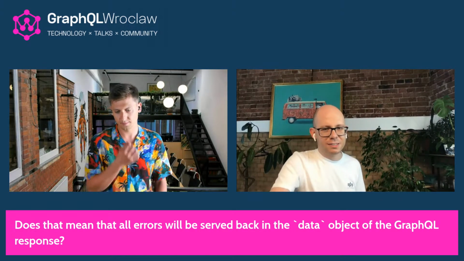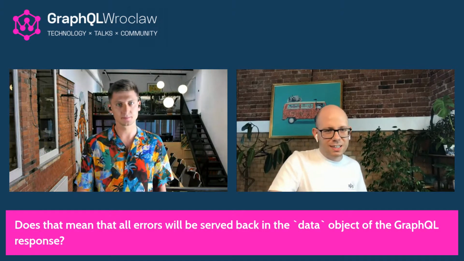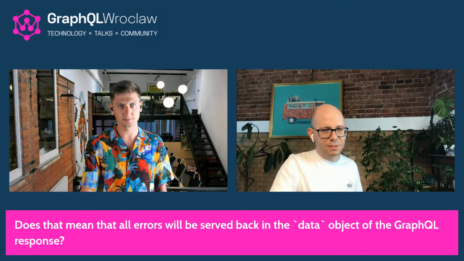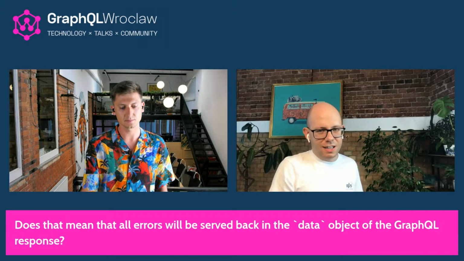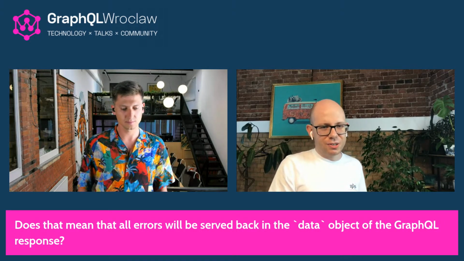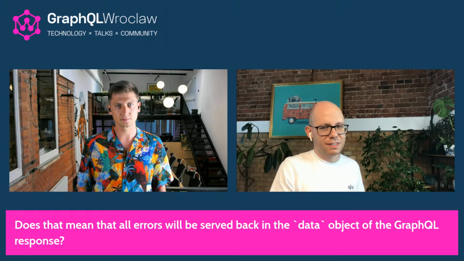We're actually using the mixed approach on one of the projects where data payload is something that we are intending to display to the user in the UI, but we are still using the errors key to communicate, for example, expired authentication tokens, and this is handled by the client part of the GraphQL implementation.